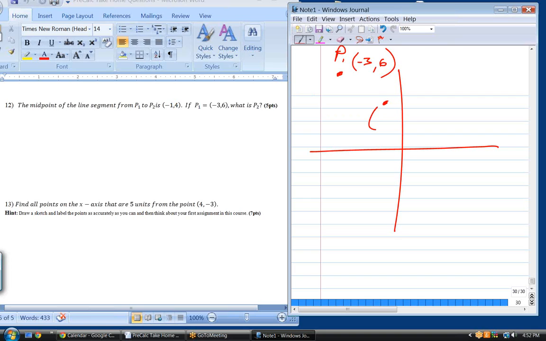So that's the midpoint. There's some line, and the other point is over here. Let's figure out what it is. What do we do on the x-coordinate to get from -3 to -1? So we're actually going down at this time? Correct. By how many?